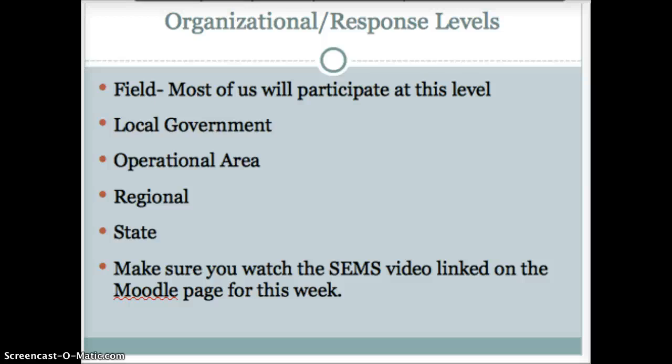Then there would be an operational area, which would probably be done at the county center in the EOC there, but would include a greater operational area. Then there would be the regional and then the state level. Again, make sure you watch the SEMS video. That also explains a lot more of this, way more in depth, and way better than I am. So there you go.